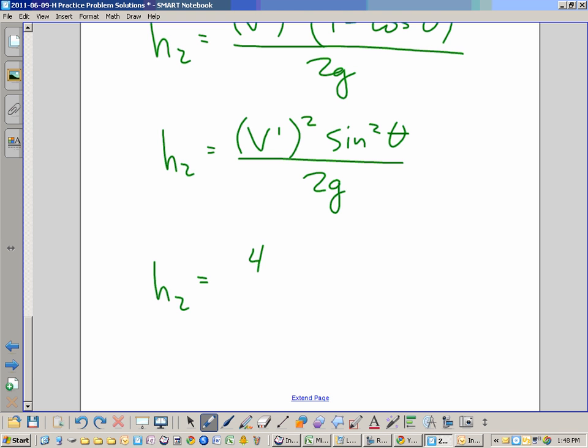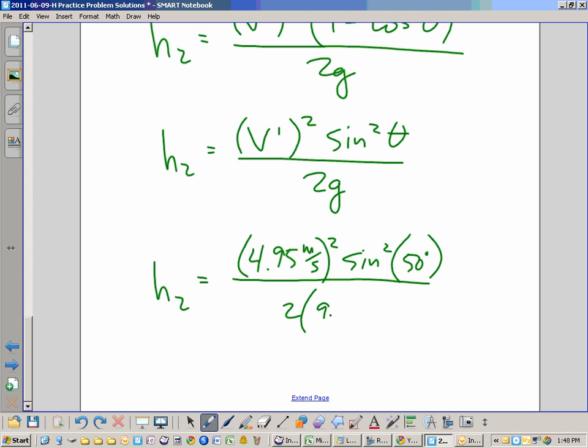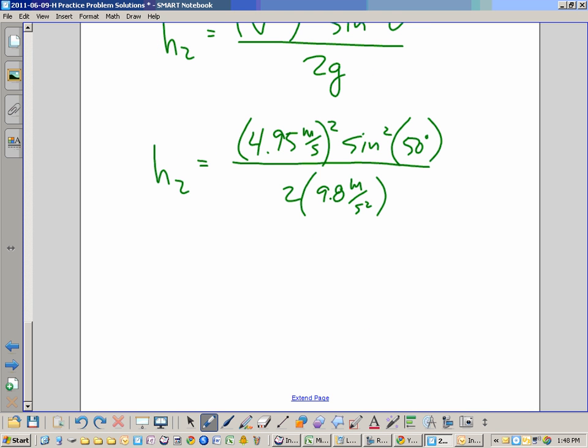We really should, but we're not gonna. 4.95 meters per second, squared, times sine squared of 50 degrees all over 2 times 9.8 meters per second squared. Okay, meters squared per second squared. Good. Dimensionally, it's correct. What are we getting? h2 is equal to 0.73 meters.